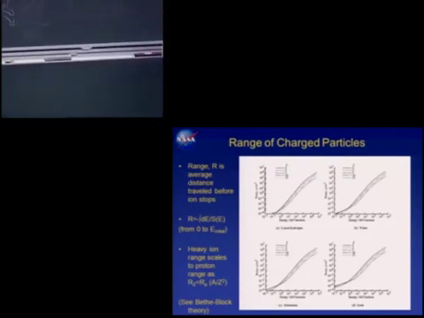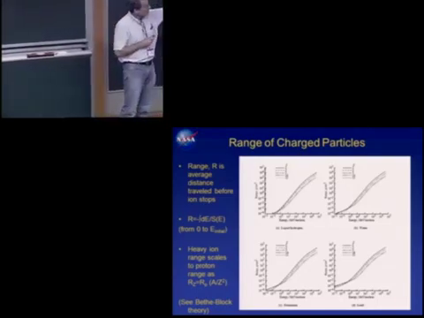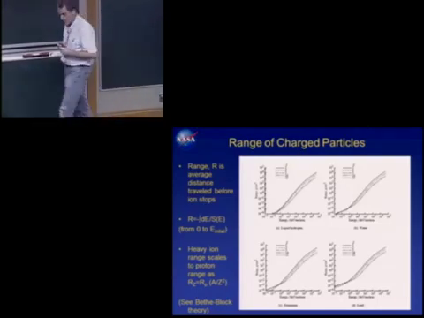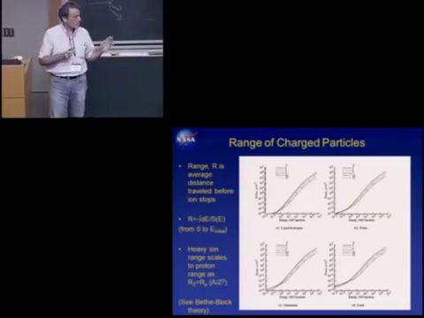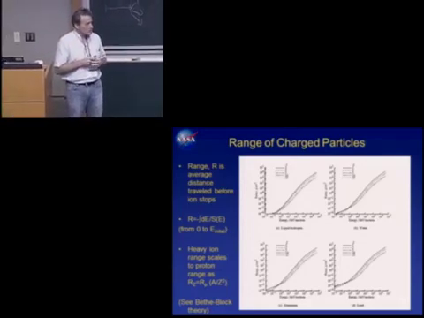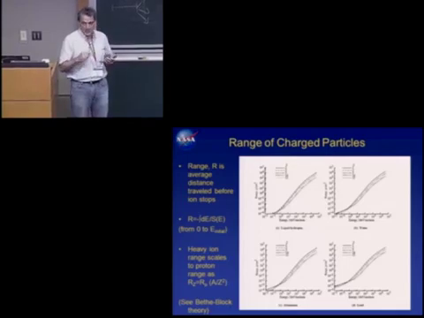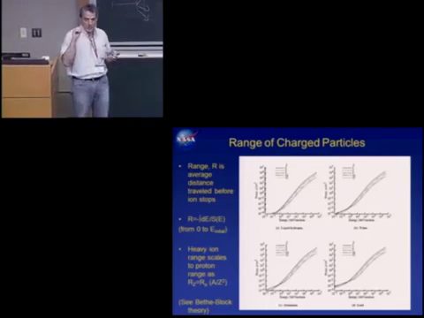And then there's a very simple law that holds very accurately above a few MeV: the range of any particle Z is equal to the proton range times the mass of the particle divided by the charge squared. So the proton is going to have more range at the same energy than iron or carbon, because that A over Z squared is going to be greater than 1.